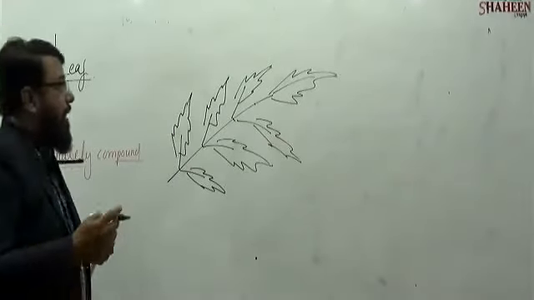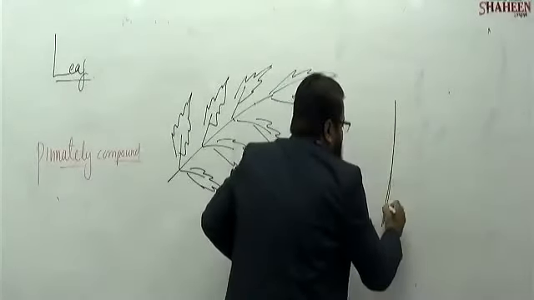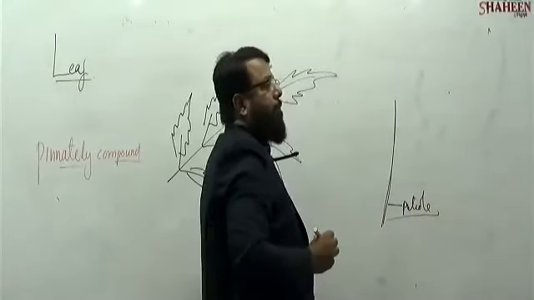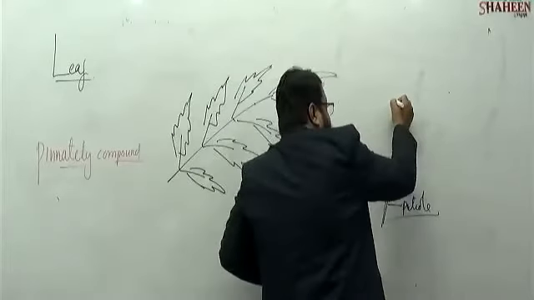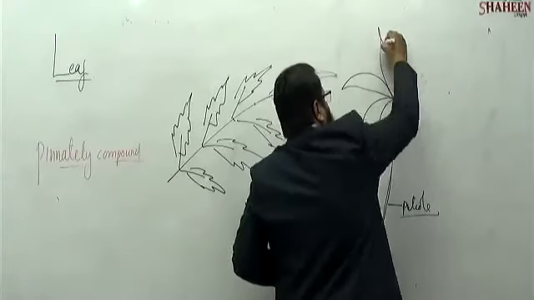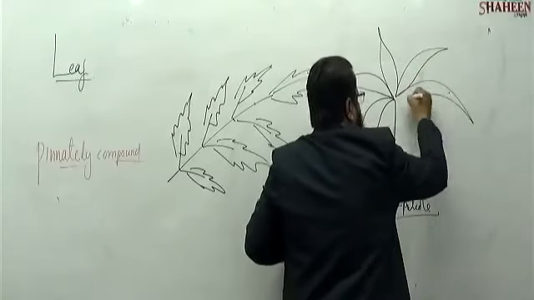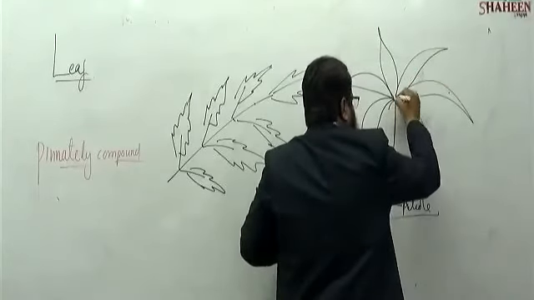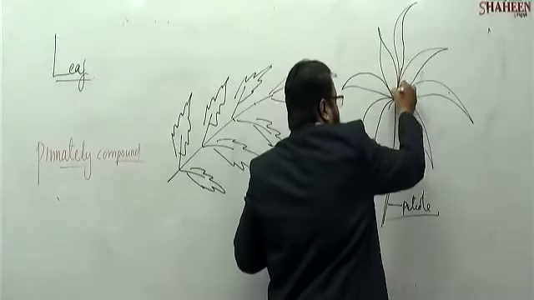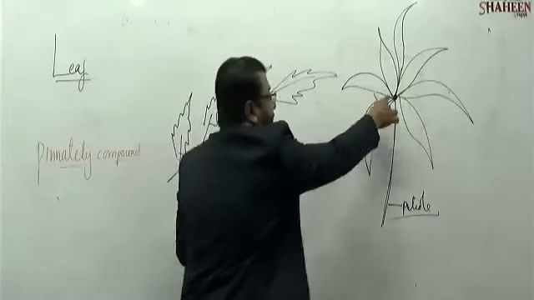Silk cotton. Observe here. This is the petiole, and this is one leaflet, another leaflet, another leaflet: 1, 2, 3, 4, 5, 6, and usually it will have 7 leaflets. Are all the leaflets arising from different points or a common point?